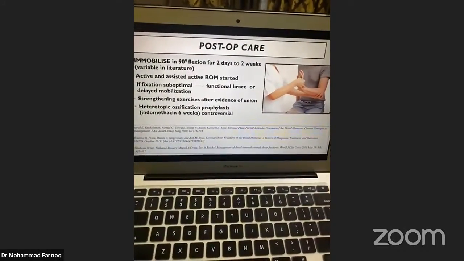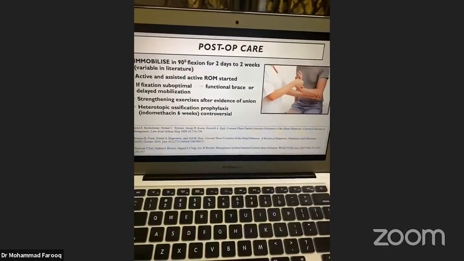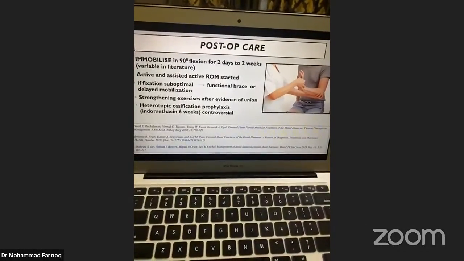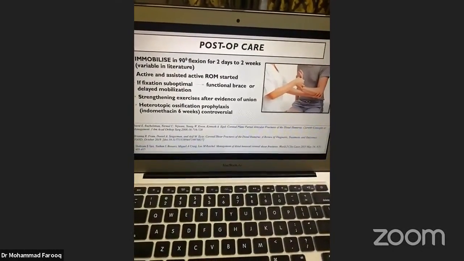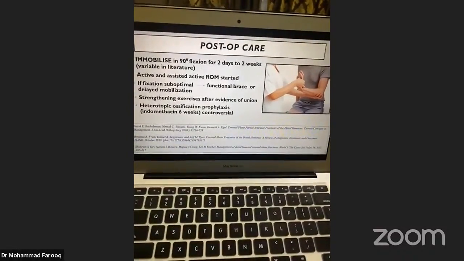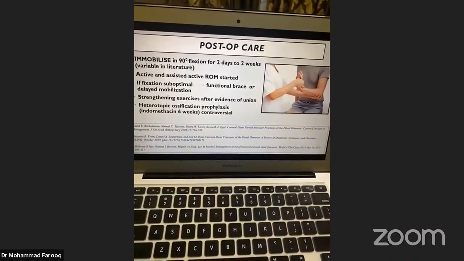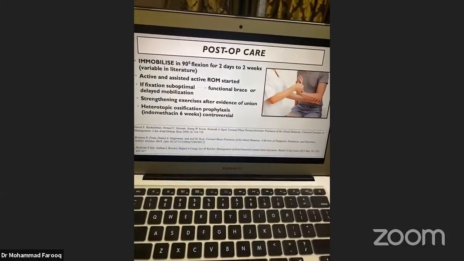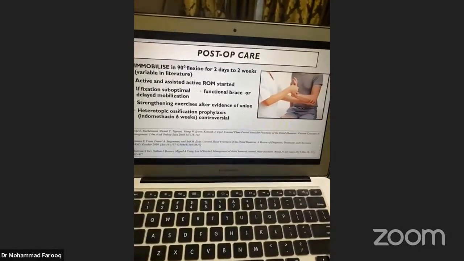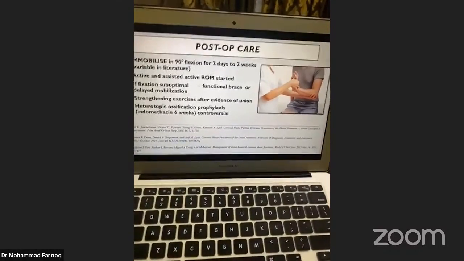Post-operative care also depends on the surgical technique, the type of fracture, and the type of fixation. If there is optimal fixation, early exercises can be started. But if the fixation is suboptimal, the limb has to be supported in a functional brace, or delayed mobilization has to be started.